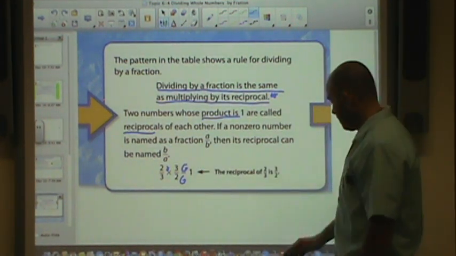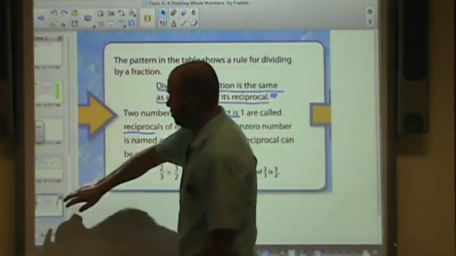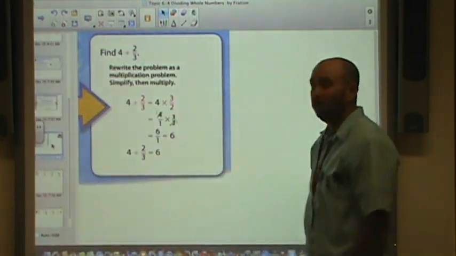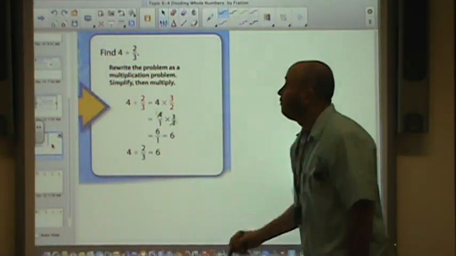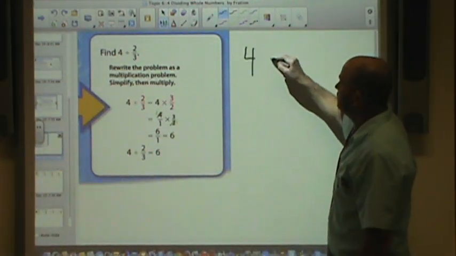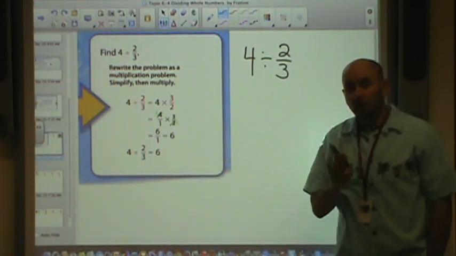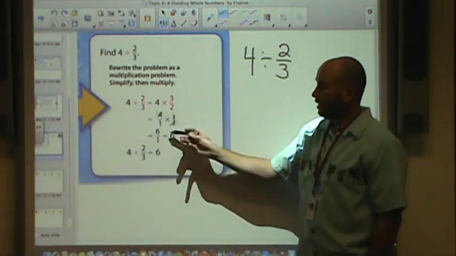All right, next, we're going to go into the book and talk about further examples. So now we go back to the division of 4 divided by 2/3. If you look at the example in the book, they have it set up in layers.